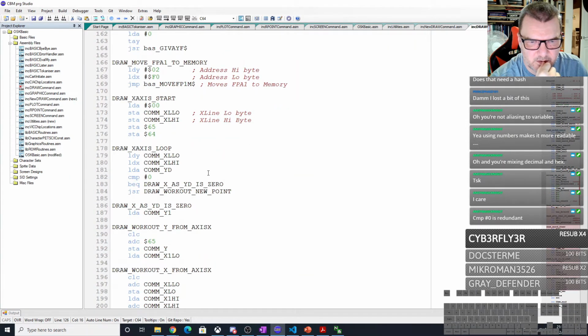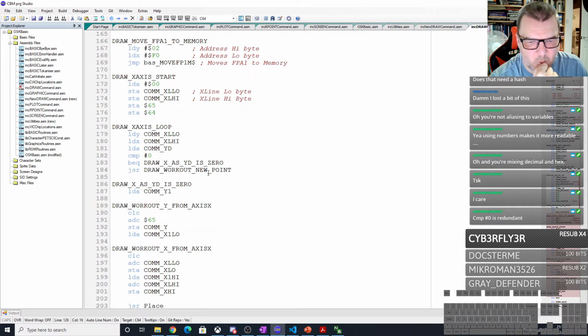Then we're loading XL low, XL high. Then we are adding 1.